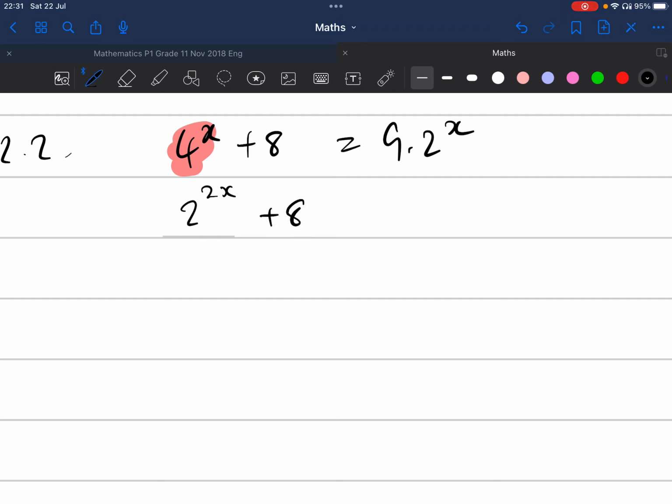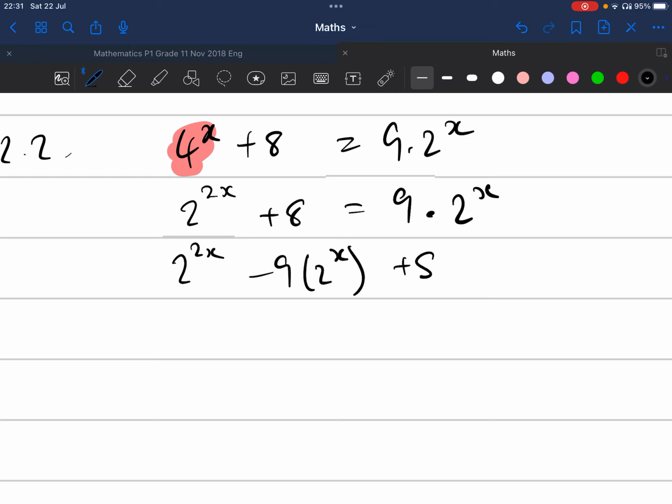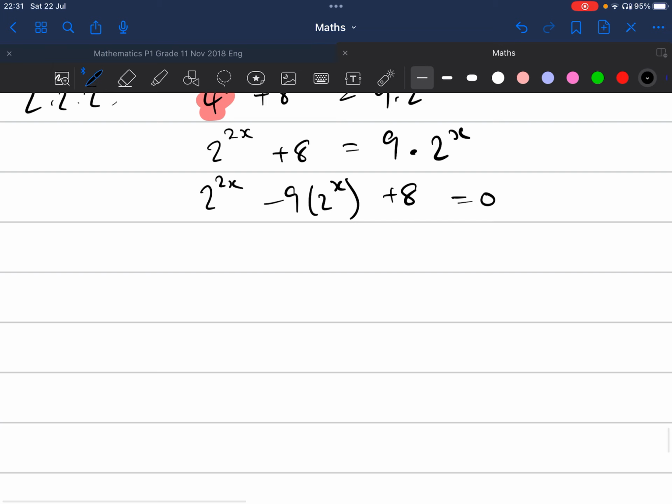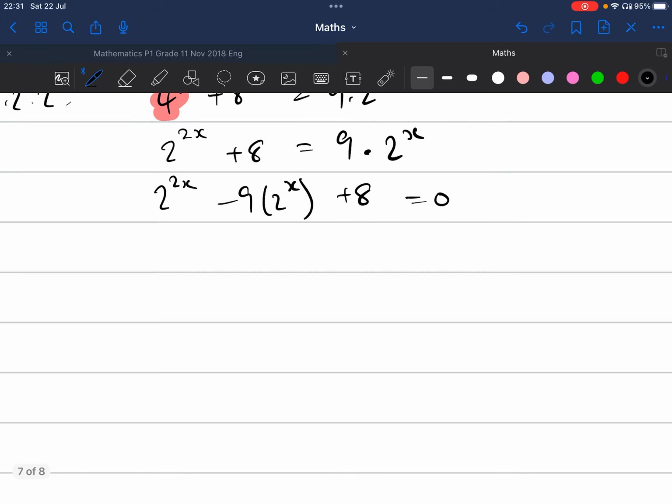Plus 8 equals 9 times 2 to the x. So let's bring this to this side here. So this will become minus 9 times 2 to the power of x, plus 8, equals 0. Now let's say let 2 to the x equal k, for example.